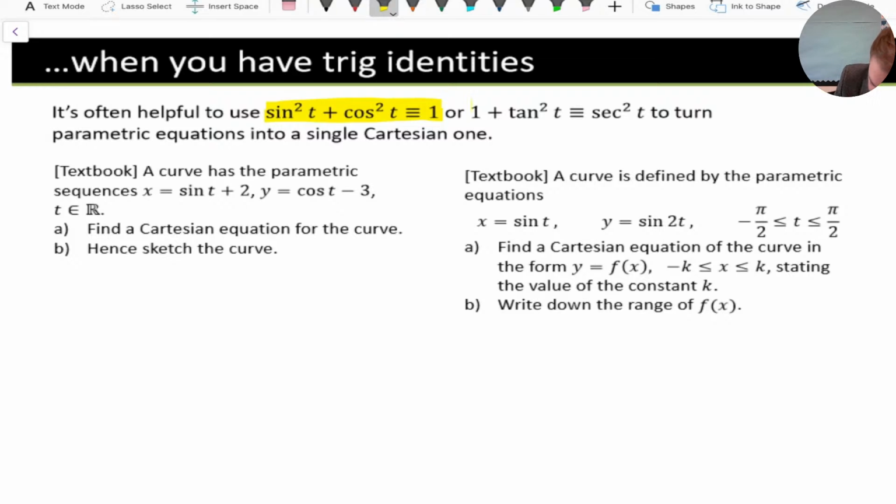But we can also use ones like this, which is that 1 plus tan squared t is equal to sec squared t. And what we do is we use these to write things in terms of x and y.